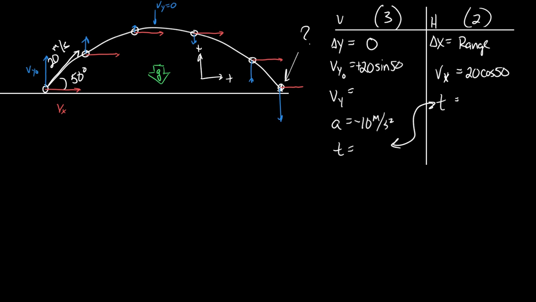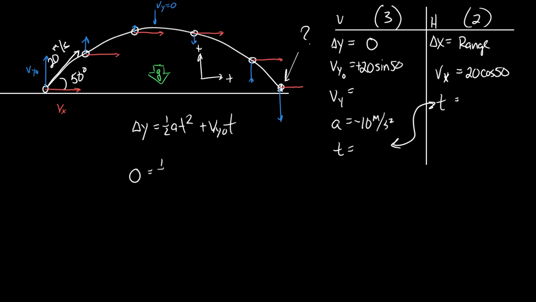It appears to me that I have 3 pieces of information. That means I have enough information to solve for the time on the left side. I can use that on the right side. So I'm going to use delta y equals 1/2 at squared plus Vy naught times t.